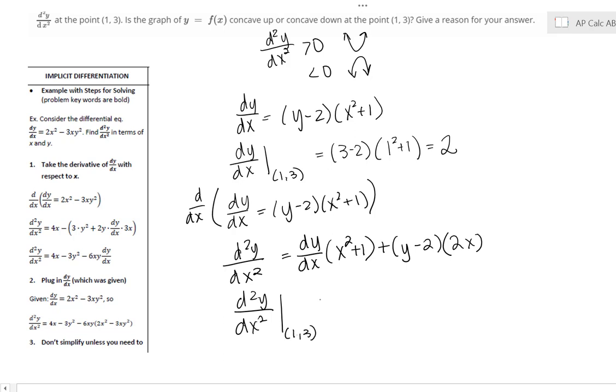Now this is important because you have to show that you know that we're still using this initial condition. Our step 2 says plug in dy over dx, which is given. Remember, we actually have a value for dy over dx because we had an initial condition. So dy over dx is equivalent to 2 at the point 1, 3.